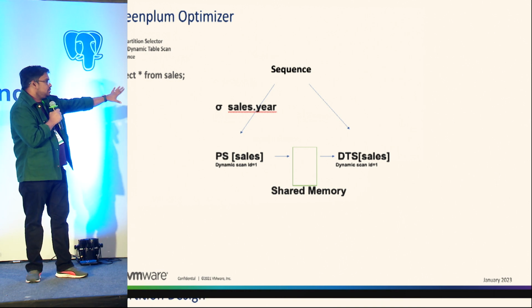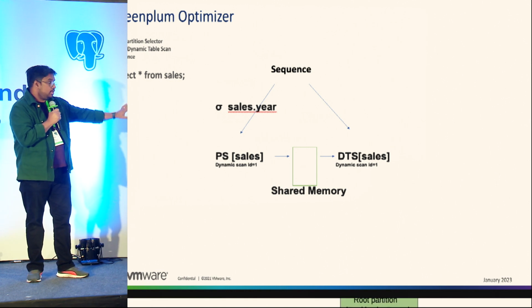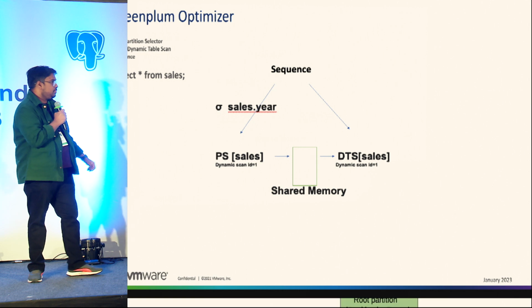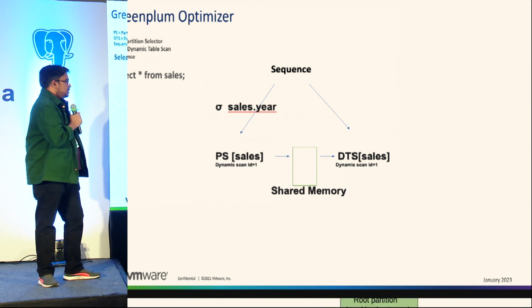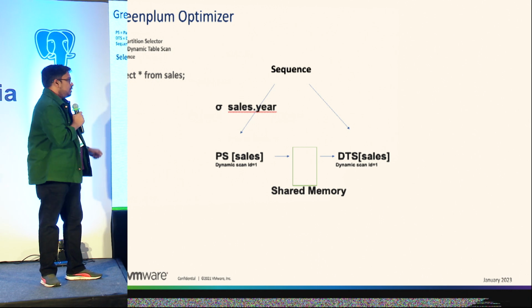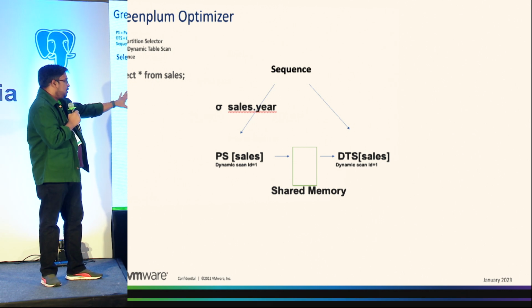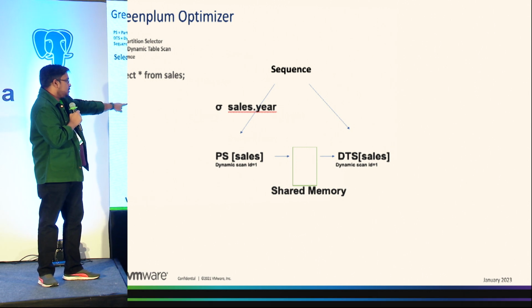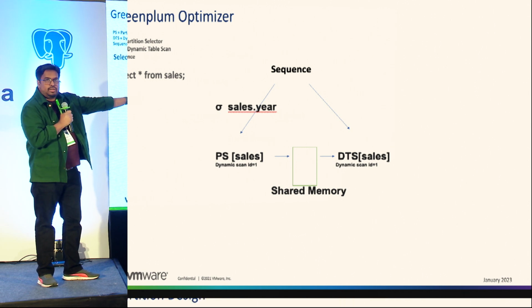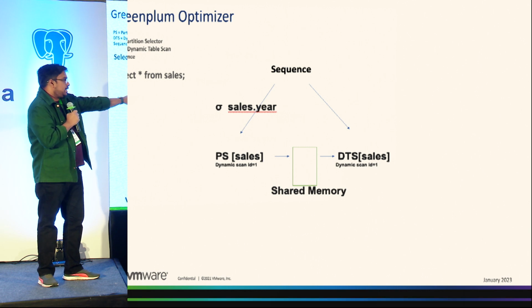Once the shared buffer is loaded with all of this metadata information, we tell the sequence to go to the next step, which is your DTS. In the DTS, the hash table that was created by the partition selector gets read into your dynamic table scan.